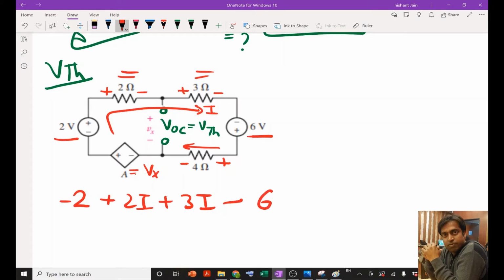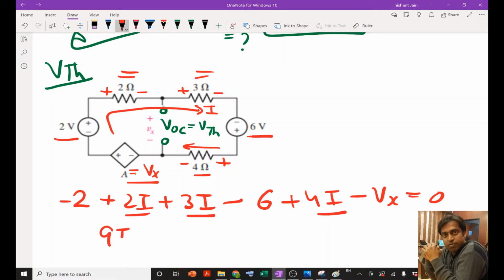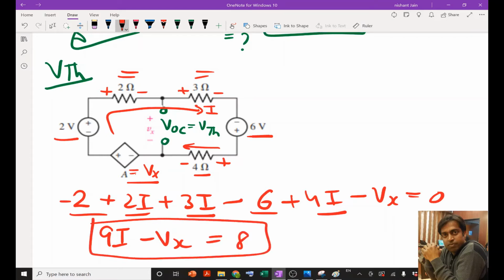Then 4 ohm, it will be plus 4i. Then this Vx, and it is from minus to plus, so minus Vx equals 0. So solving this equation, 2 plus 5 plus 9i minus Vx is equal to 8. So this is going to be my first equation.